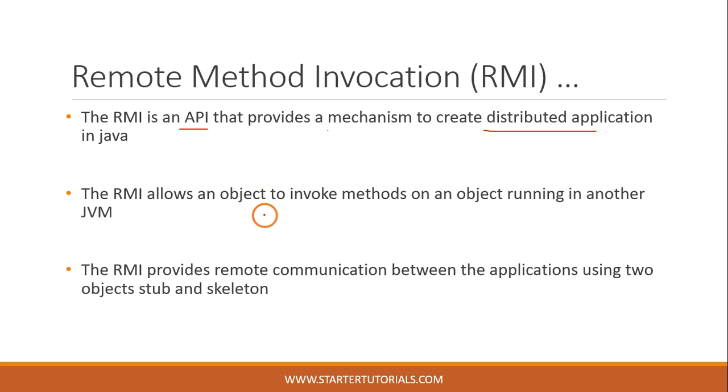It basically allows an object on one system to invoke methods on an object which is running on another system, inside a JVM, Java Virtual Machine. And as I said, we will create stub and skeleton for this purpose.